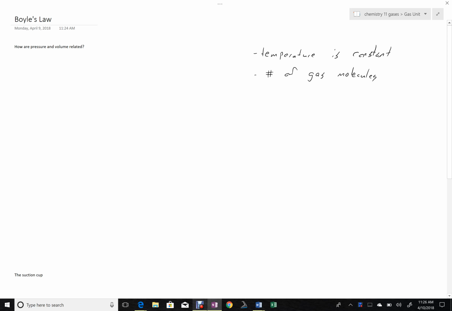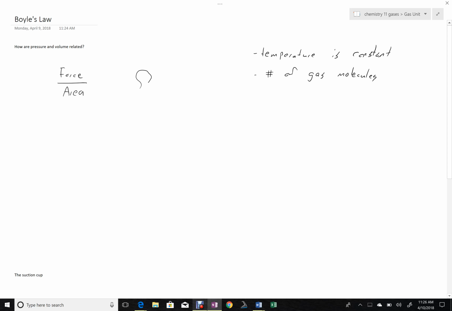So what we're really focused on here is when I change the pressure, how does that change the volume? Or when I change the volume, how does that change the pressure? Recall what we talked about, that pressure is the force delivered per unit area by these gas molecules colliding.